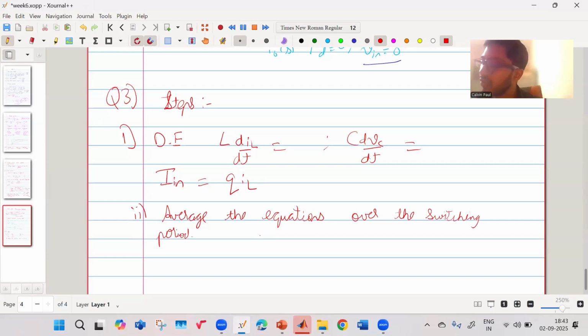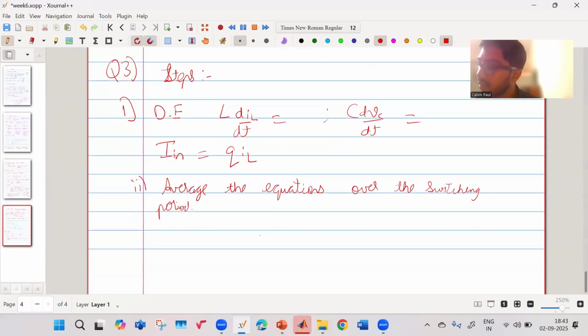When you average the equation, let me give an example. You have your L dIL by dt, that is your Vin minus (1 minus Q) into V naught. This is for your boost converter.